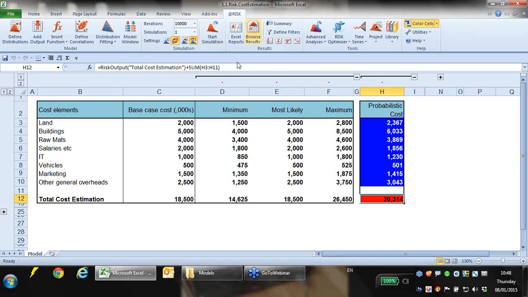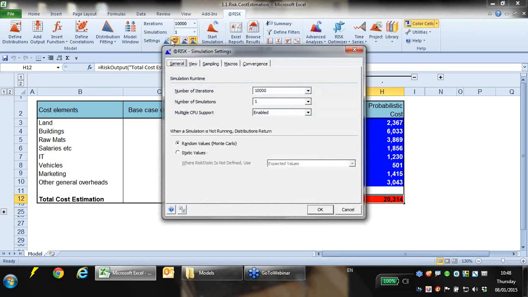Lots of companies have a standard of somewhere between 1,000 and 10,000, but the right number of iterations depends very much on your model. If you have a very large model with lots and lots of uncertainties and a very wide range of different possibilities, then to capture all of the different combinations of those, you're going to need more iterations.